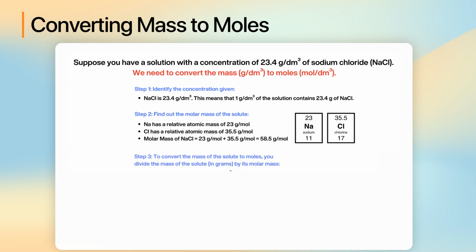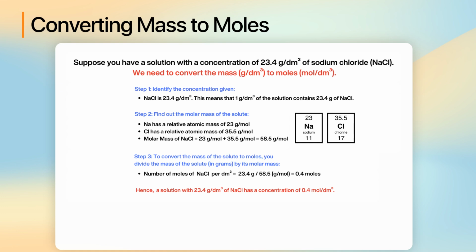To convert the mass of the solute to moles, you divide the mass of the solute, in grams, by its molar mass. So the number of moles of sodium chloride per decimeter cubed is calculated by dividing 23.4 grams by 58.5 grams per mole, equal to 0.4 moles.